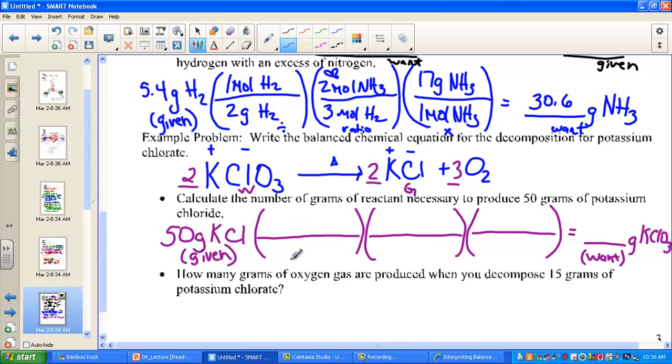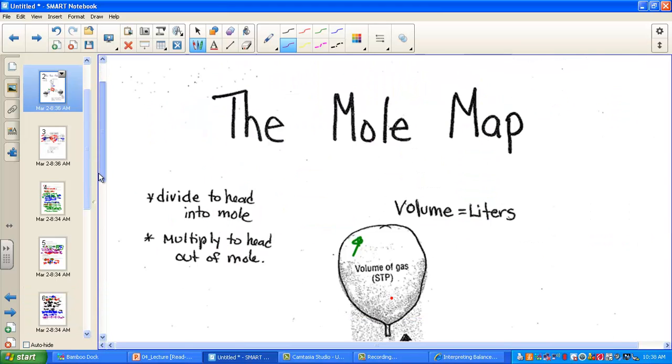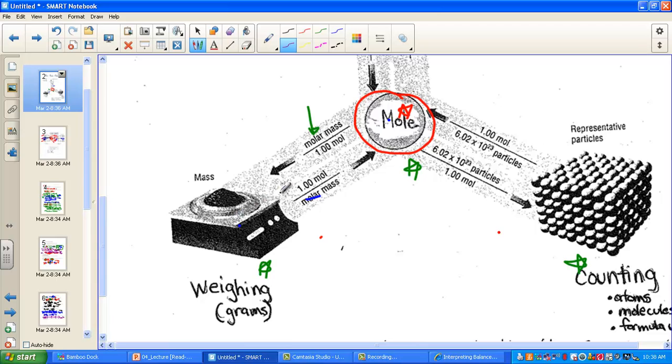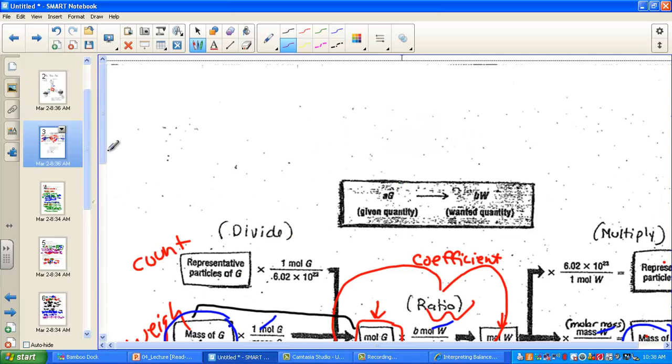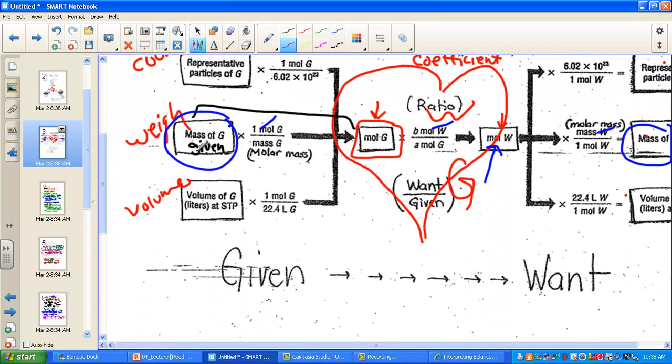Step 1, we need to move from grams to moles, just as in our old roadmap, grams to moles. The new roadmap says we still are using the same conversion. Given a mass, get it to the mole so we can set up our ratio. I don't care if we count, if we weigh, if we take a volume, our job is to get it to the mole unit.